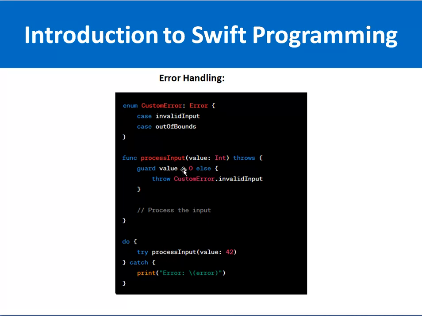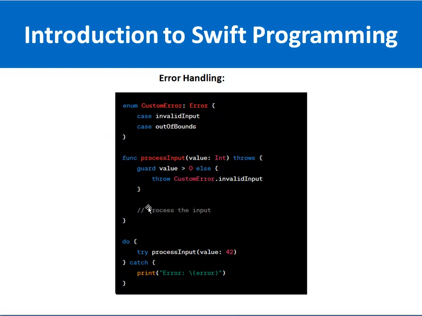This function I am calling with a value 42. For value 42, it is greater than 0, so there will be no issue. If there is any issue, for example if I call with a value -1, it will throw the exception CustomError.invalidInput.